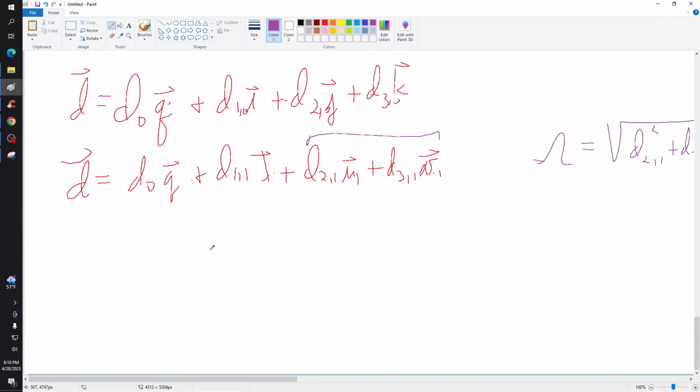Then we're going to define mu2 as mu1 cosine psi plus nu1 sine psi.